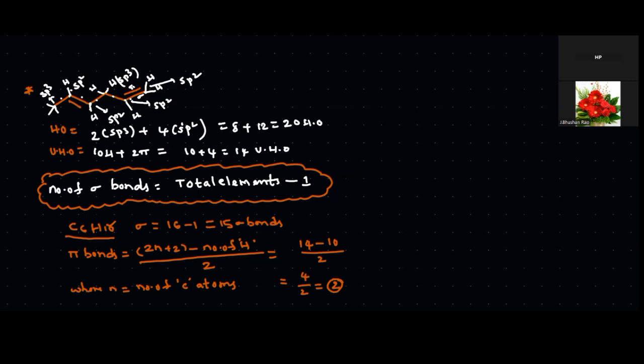Okay, so next, another molecule. For this kind of molecule, first directly write the hydrogens: here 2, here 1, here 2, here also 1, here also 1, here 2 hydrogens, here 1 hydrogen, here 2 hydrogens.